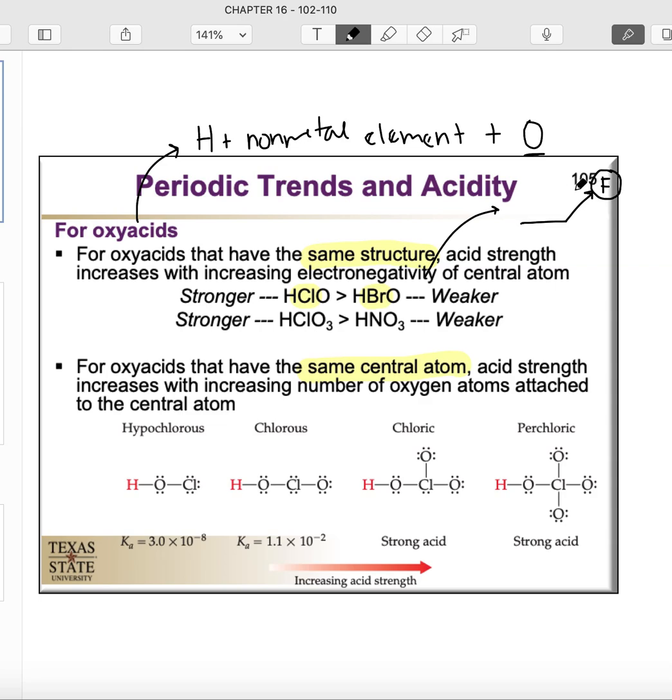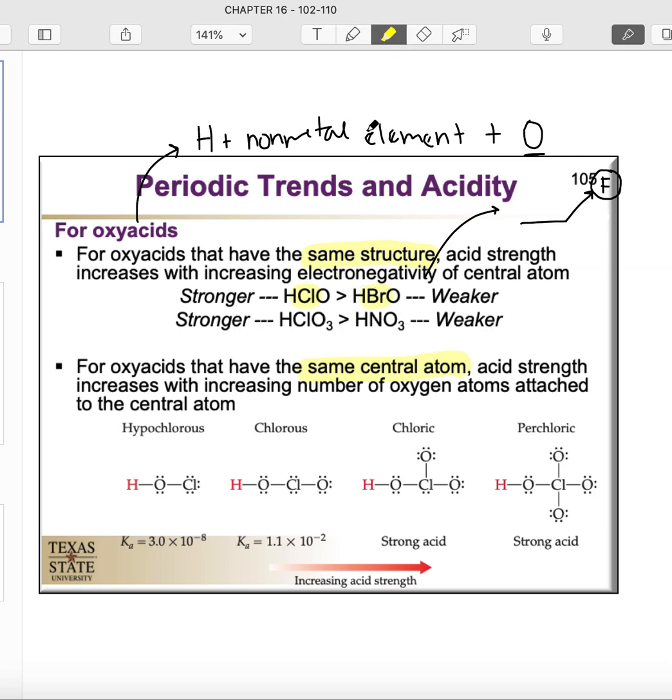Something like oxygen or something like chlorine would have a lower electronegativity than fluorine. All right, so coming back to this example, here we're comparing HClO versus HBrO. We think about the position of chlorine and bromine on the periodic table. The chlorine is higher up than the bromine, meaning that it has a higher electronegativity, and because of that, HClO is going to be a stronger acid than HBrO.